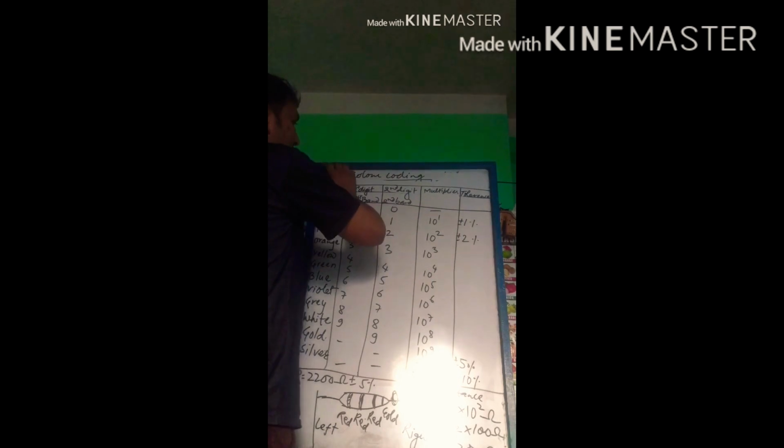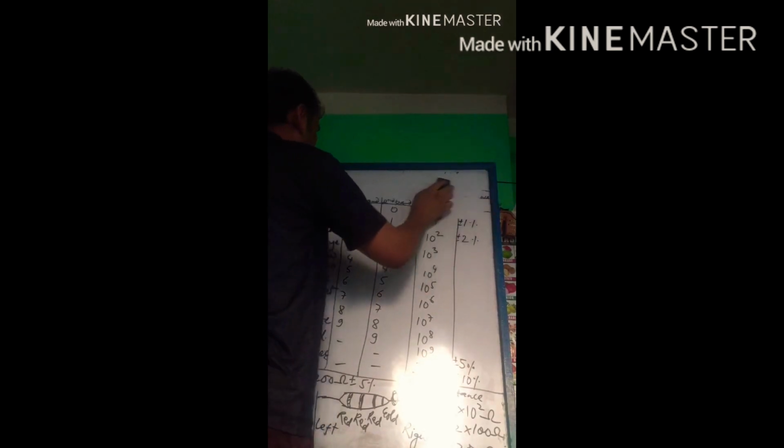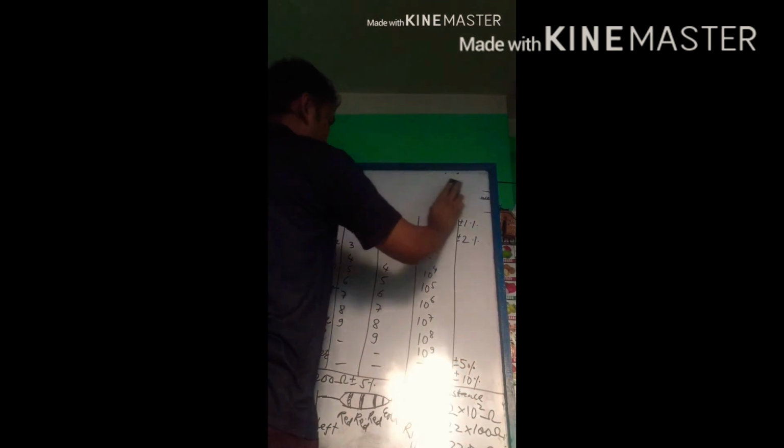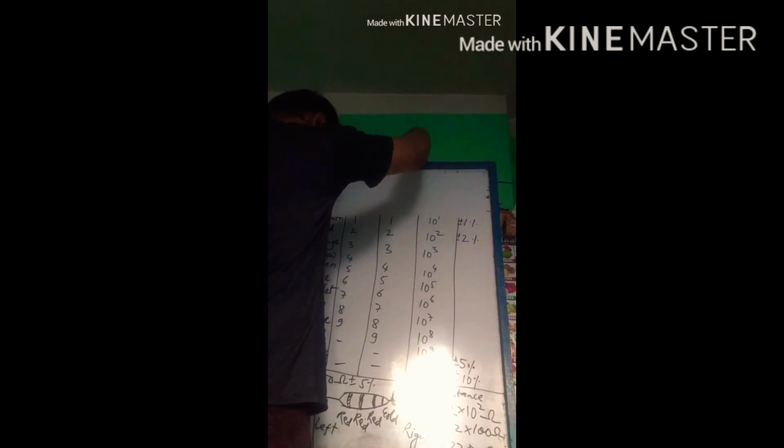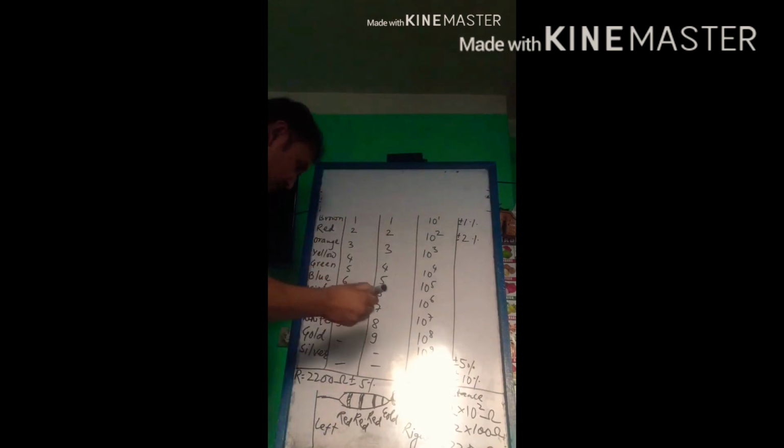Now let me rub the above one. Now can you tell me, the resistance is 2200 ohm, so what will 5% of this be?